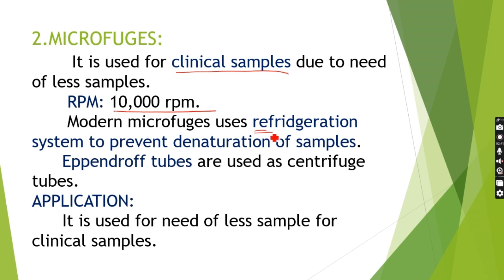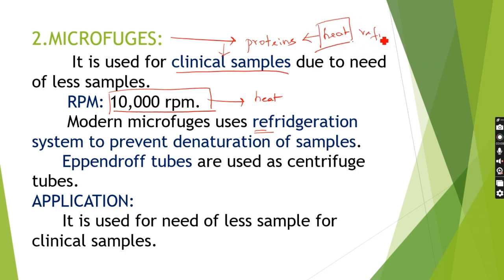Modern microfuges also have a refrigeration system, but most microfuges lack it, because they are used for clinical samples. The protein sedimentation can be affected by heat. It has 10,000 RPM, which is more than the 3000 RPM of a desktop centrifuge, which causes heat. This heat can be blocked by refrigeration.